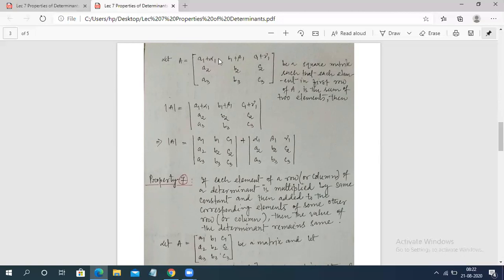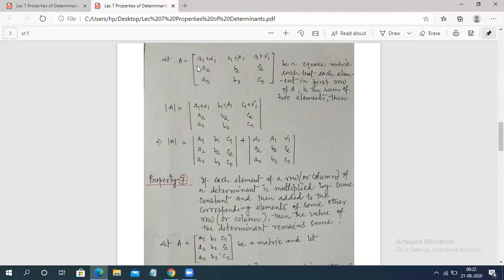If this is the sum of more than two terms, if there is another term, suppose alpha 3, beta 3, gamma 3, then it can be written as the determinant of A1, A2, A3, B1, B2, B3, C1, C2, C3, then alpha 1, A2, A3, beta 1, B2, B3, gamma 1, C2, C3, and then another term alpha 3, A2, A3, beta 3, B2, B3, gamma 3, C2, C3.